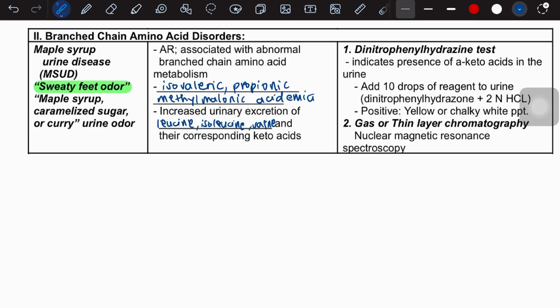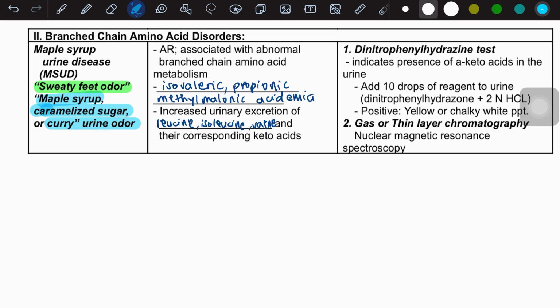This is due to the failure to inherit the gene for the enzyme necessary for oxidative decarboxylation of these keto acids, resulting in their accumulation in the blood and urine. The characteristic odor in MSUD, if you can still remember, is maple syrup, caramelized sugar, or curry urine odor.